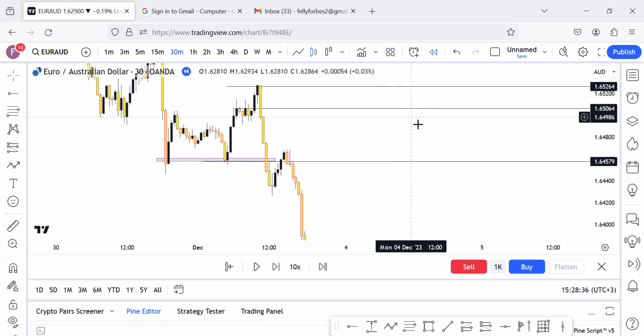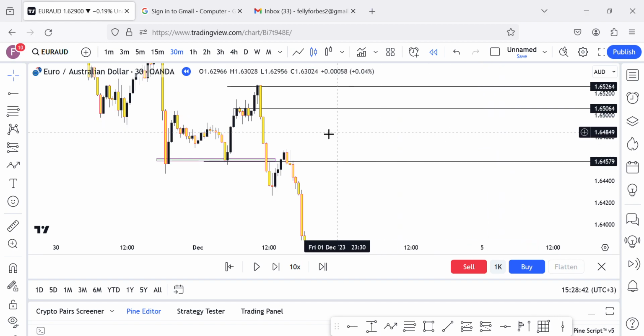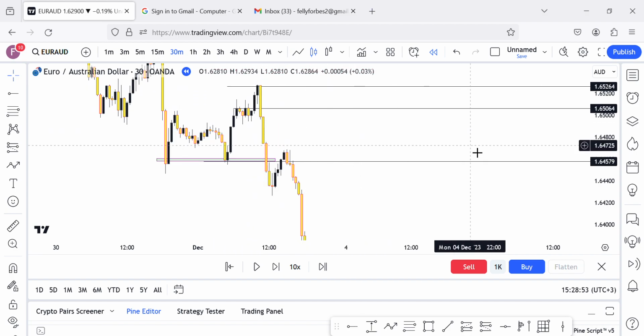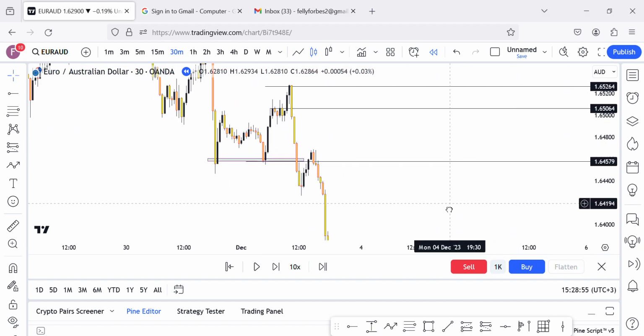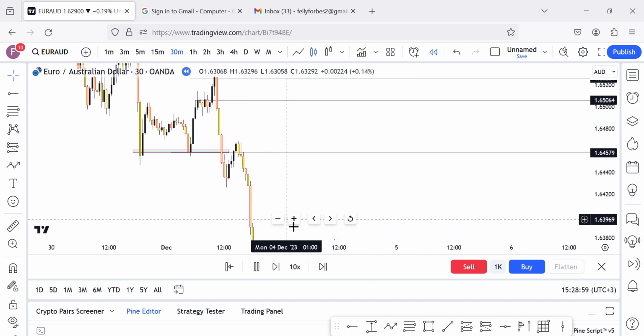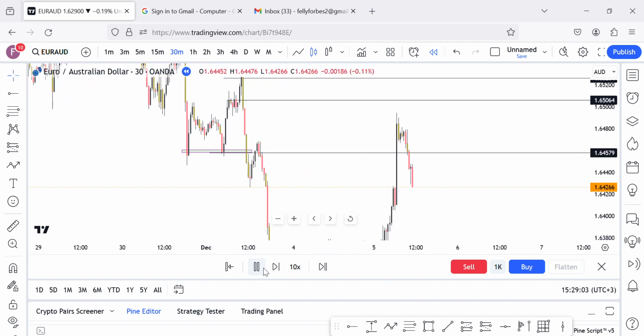We will wait for the price to touch this line, and then wait for the price to engineer the same pattern that we see here, and then we will get in. Okay, so this is 30 minutes, and then we will let it play. We will put an alert right here.